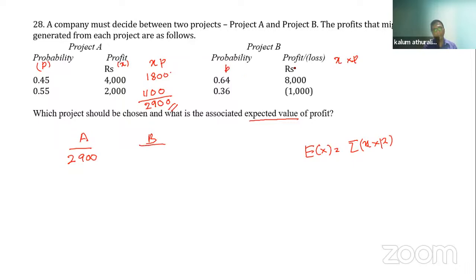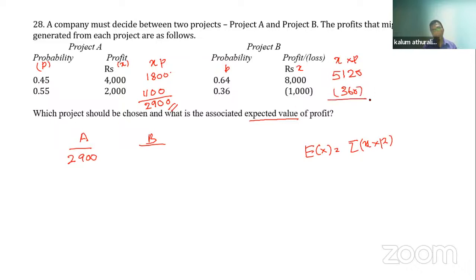This is P, this is X. 8,000 times 0.64 is 5,120. 0.36 times 1,000 is a loss of 360.